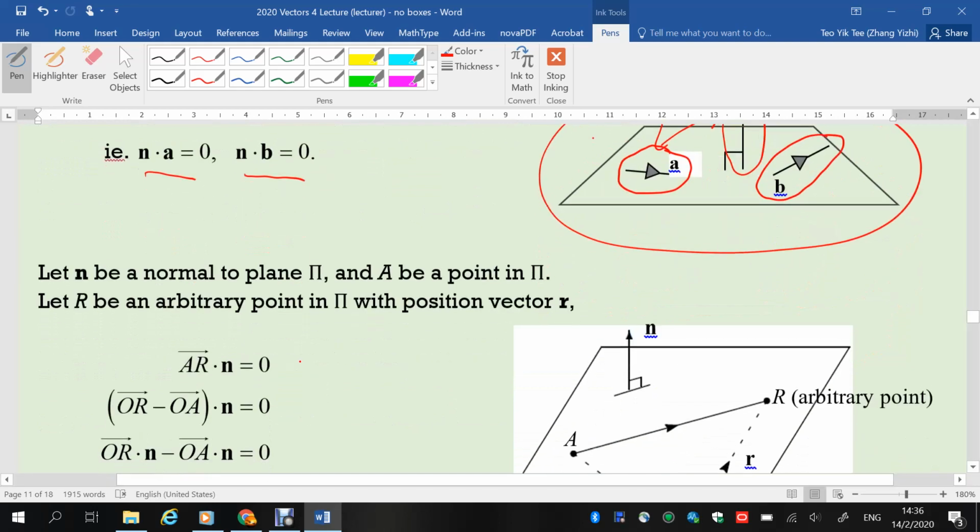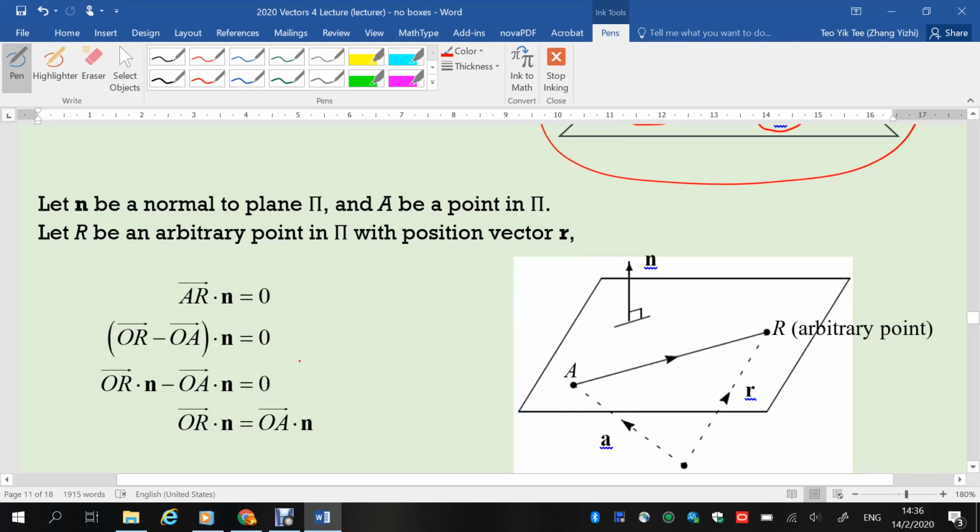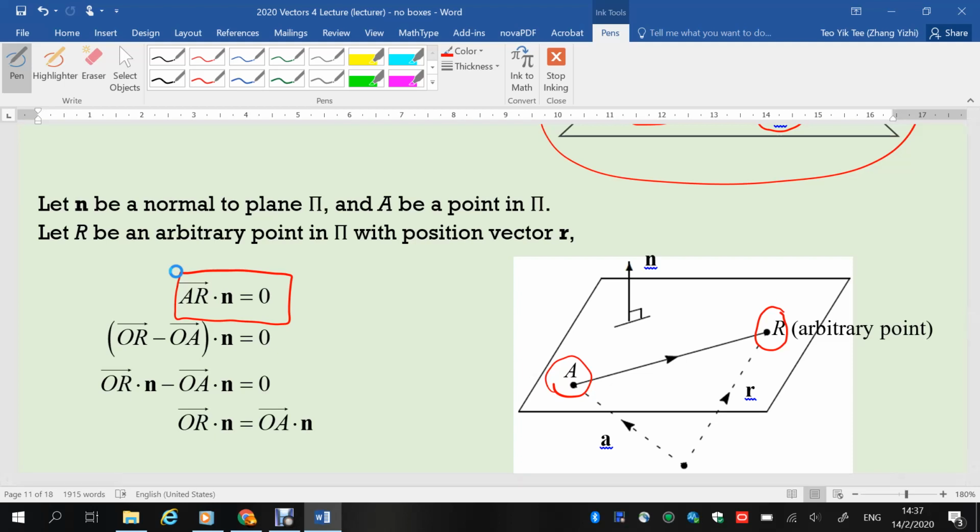So if we use this theory, let's extend it a little bit further. Let a point on the plane be A. Let another point on the plane be R. So AR is perpendicular to n, so AR dot n must be equal to 0.